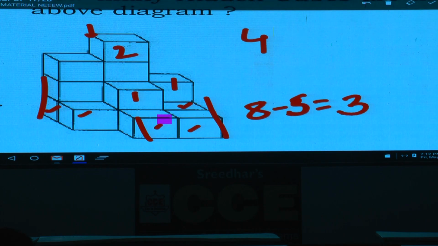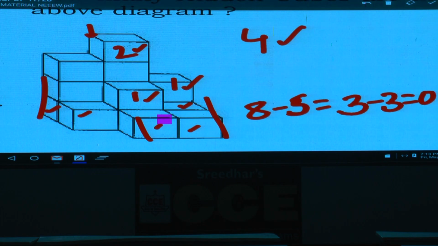Out of these 3, 1 was already counted here, 1 already counted here, 1 already counted here. 3 were already counted, and the leftover is 0, and so we are having only 4 in total. 17th one, choice: in total 4 hidden cubes, 4 hidden blocks. Next one.